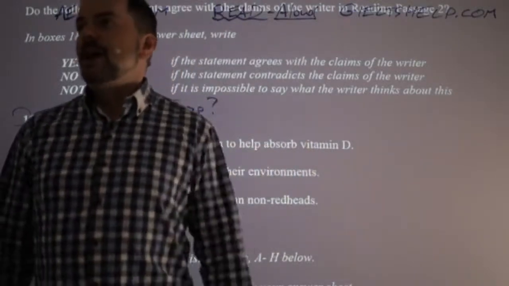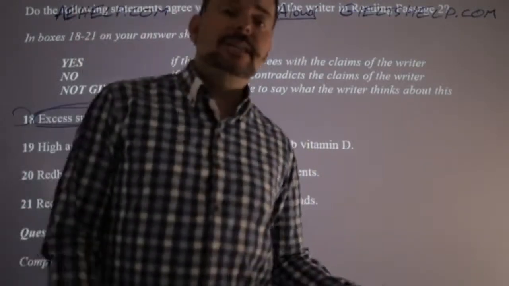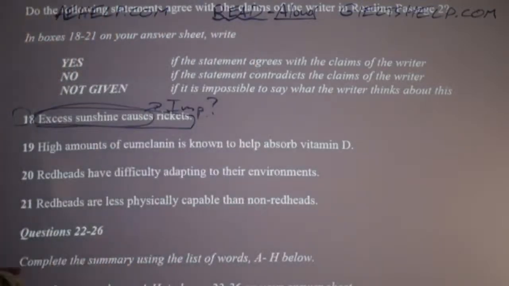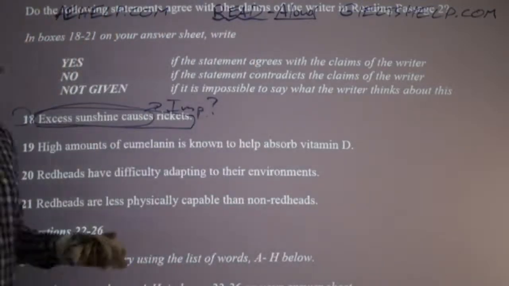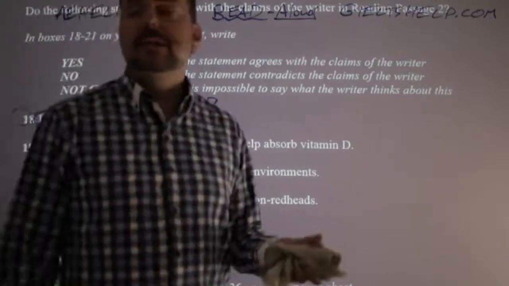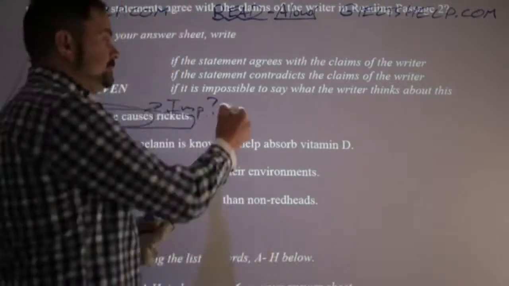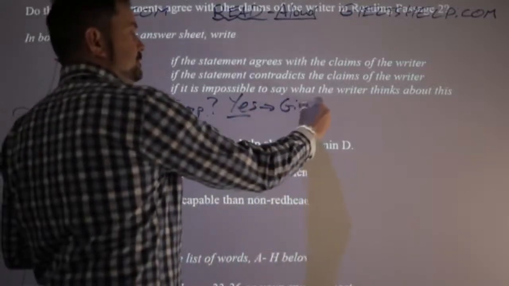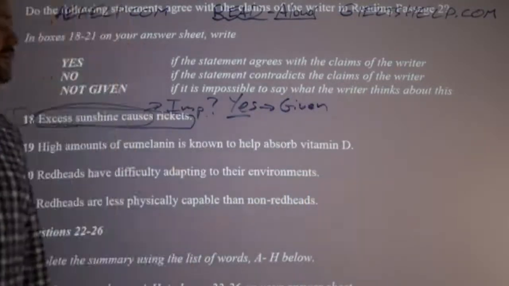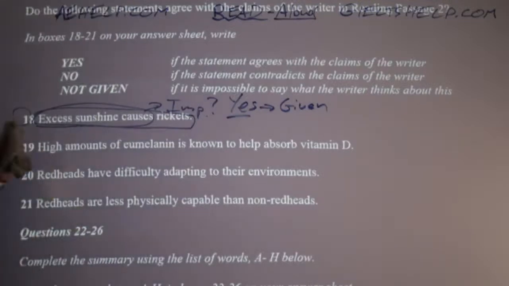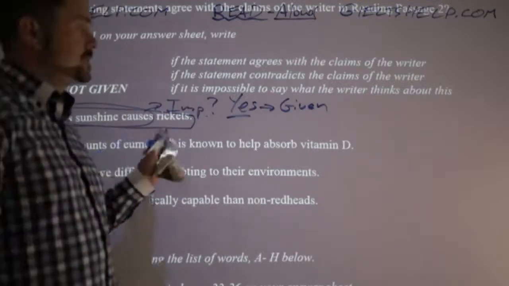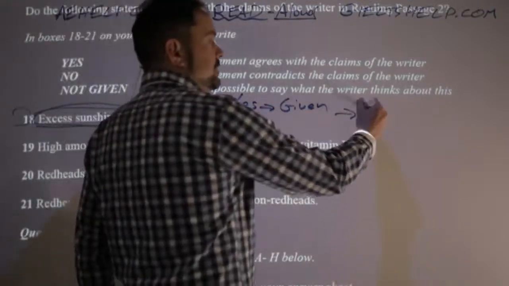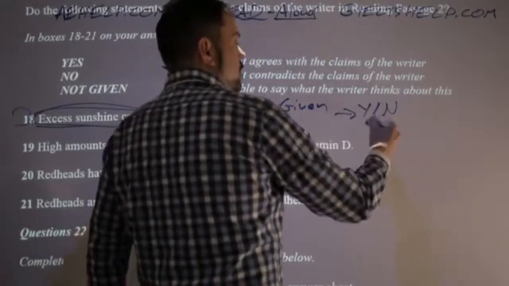Yeah, absolutely it is, because it has to do with the reason for red hair, right? So as long as we understood that, then we know that it's important, so it has to be given. When we realize that piece of information is pretty important, then we can figure out if it's a yes or a no.